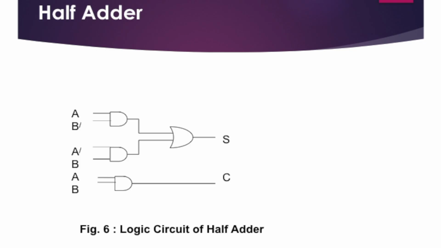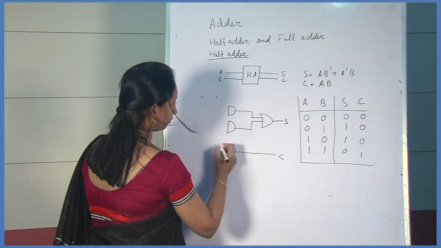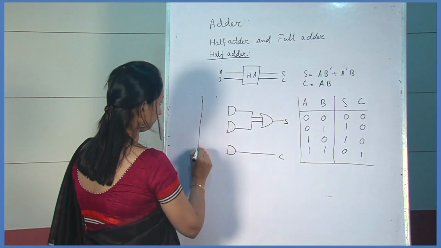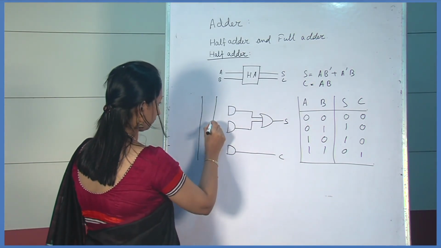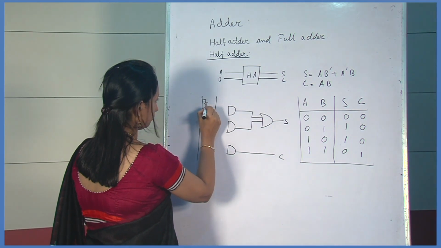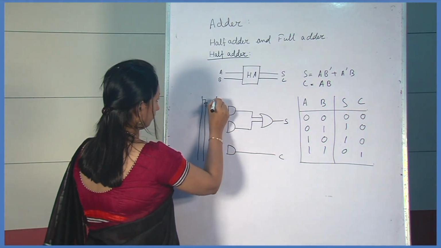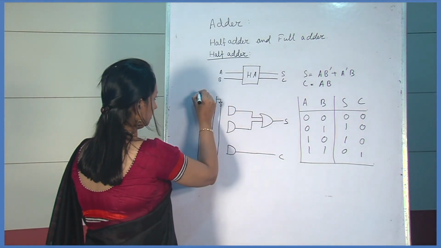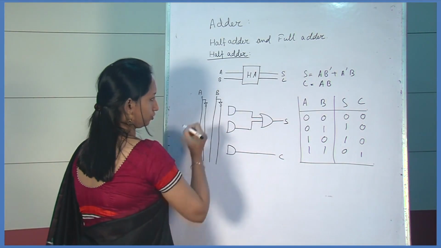This is the S output, and the other is C, the carry output. So here the inputs are A, A naught, and B and B naught.